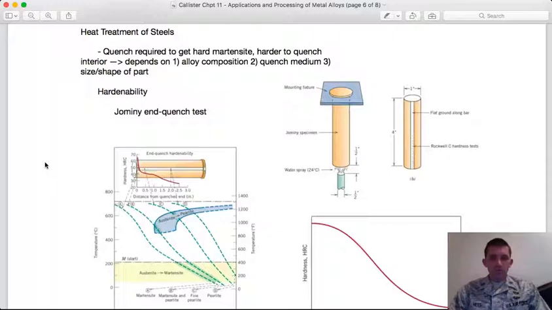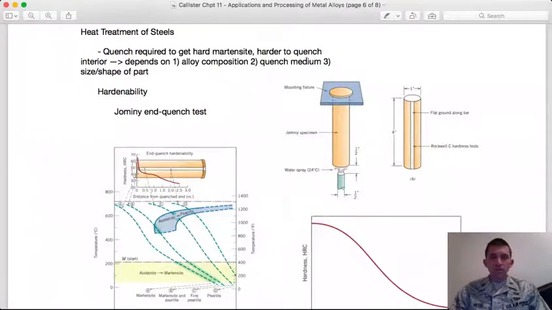I've talked about this already, that the addition of those alloying elements gets in the way of forming the crystalline phases. They have to be incorporated into the crystal structure, and that strain just slows down the crystallization. And so if you have alloying elements, you get a material that is easier to quench.